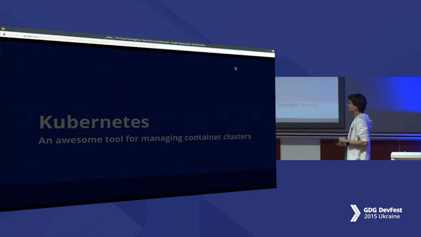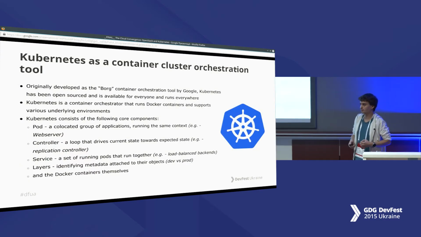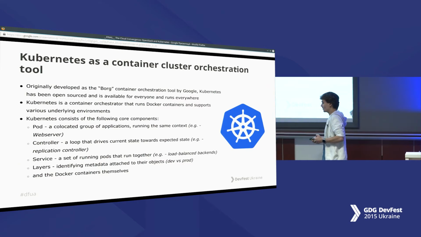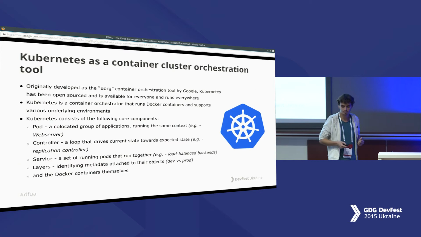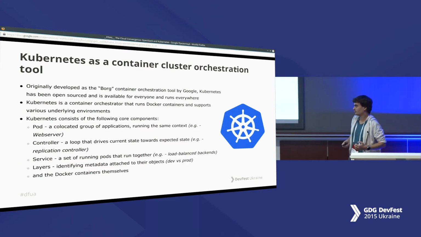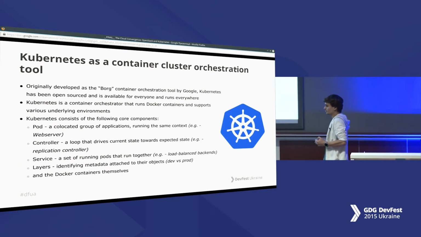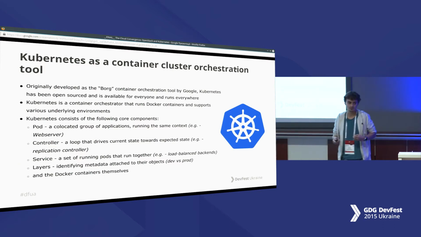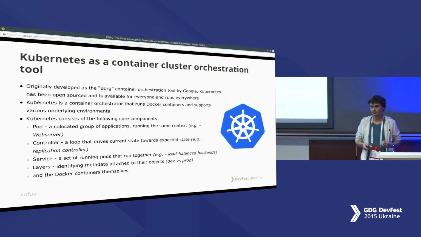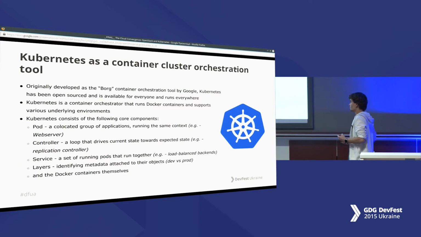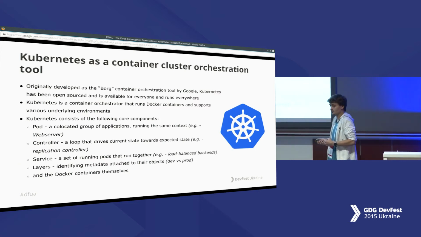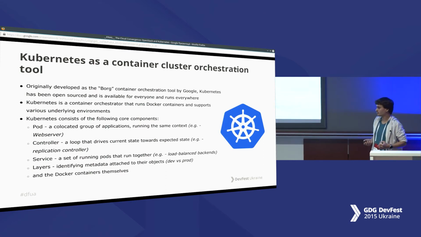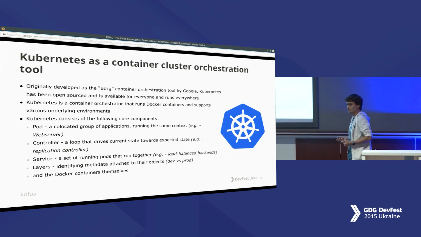That was originally a Google-only developed cloud container system. It was originally named Borg, and a few years ago it was open sourced, and a lot of companies also committed a lot of tools into the Kubernetes repository. So at the current moment, it's not a Google-only technology. That's really a fully shared and open source technology.